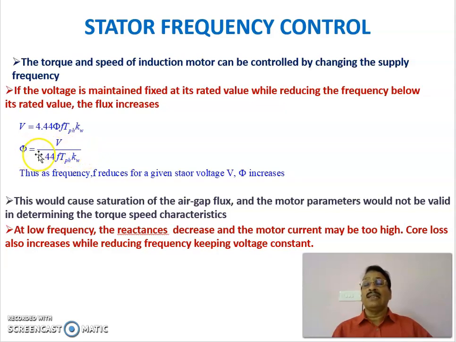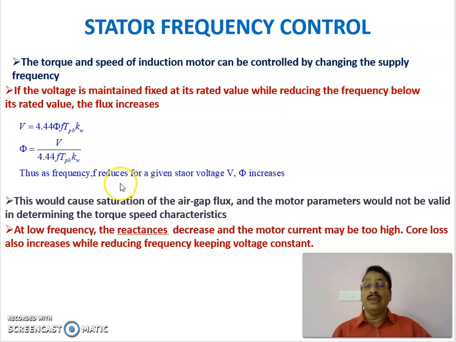Therefore, the flux is equal to voltage V divided by constant K into frequency, or flux is inversely proportional to the frequency. Therefore, as supply frequency reduces, flux will be increasing.